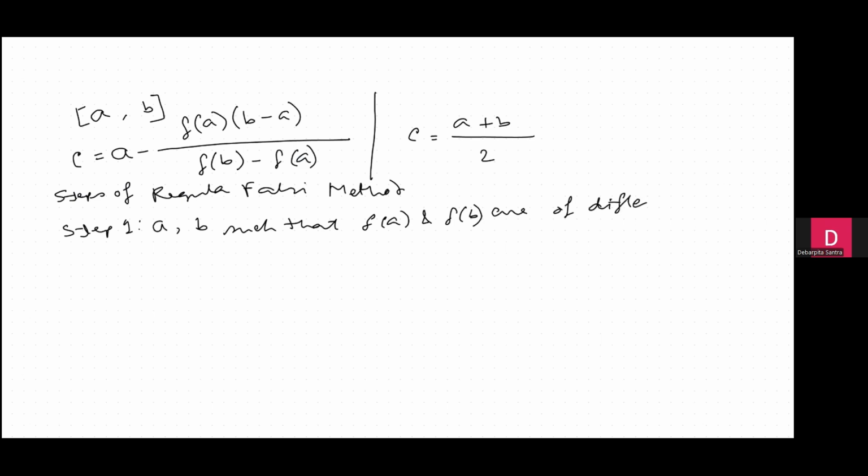So f of A into f of B will be less than 0. That is, if one is negative and one is positive, obviously f of A into f of B will be less than 0.